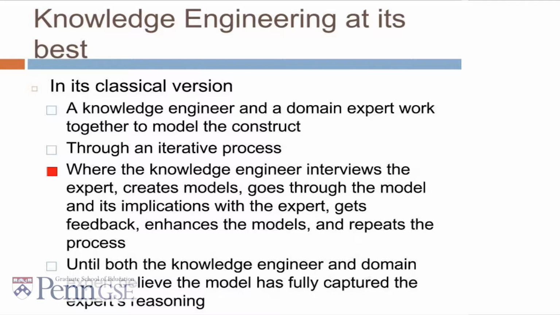They get feedback from the expert on what they did right and did wrong. Then they enhance the models based on that feedback, and they repeat the process. They keep going through these iterative cycles of modeling and checking with the expert until both the knowledge engineer and the domain expert believe that the model has fully and accurately captured the expert's reasoning.